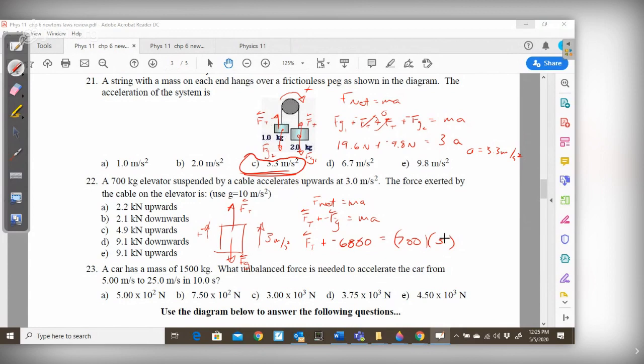Just checking my numbers. Okay. So our force of tension then will be 700 times 3, so that's 2,100, plus our 6,860.